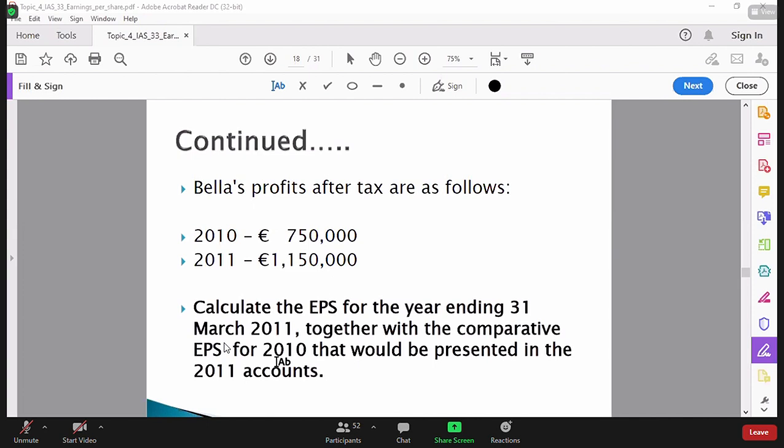So now to calculate the EPS for the year ending 31st March 2011, together with the comparative EPS for 2010. First of all, you need to calculate the EPS for 2010 first. While I talk, I do it as well, because I'm giving you space to answer the question together. You also have to do it. So EPS 2010, you have the profit, the earnings, 750,000, divided by the number of ordinary shares.